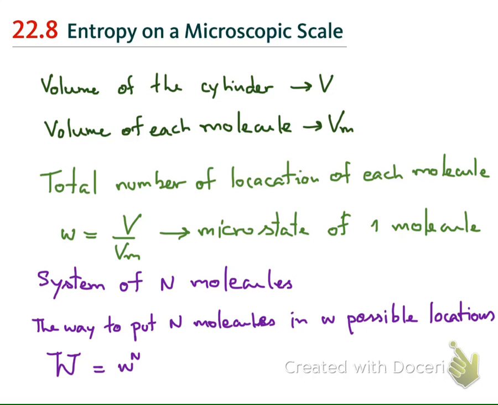Here, this is a little approximation, in that we ignore the situation that two molecules are in the same position. As we have discussed before, we are talking about the ideal gas, and one of the properties of an ideal gas is that the density is not too high.